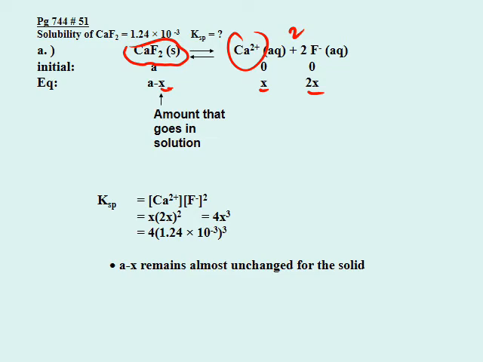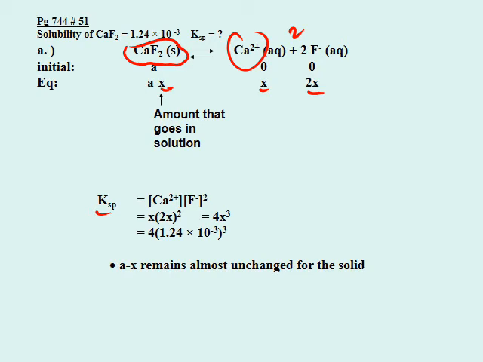When you write down the KSP expression, only the aqueous species, the ions in aqueous solution, go into the expression. Calcium fluoride solid you can leave out, because as long as it remains solid, its concentration is not going to change, since concentration is defined as moles per liter.